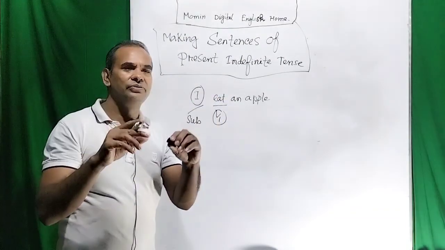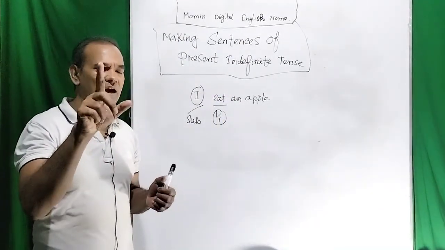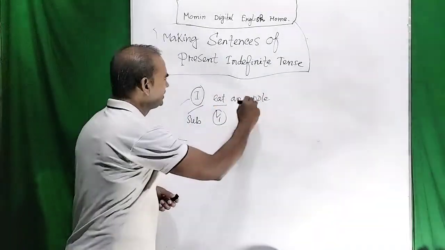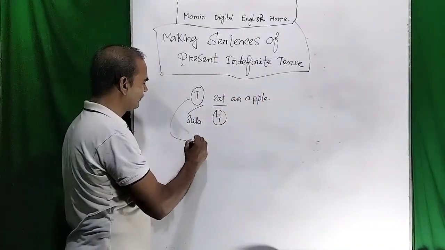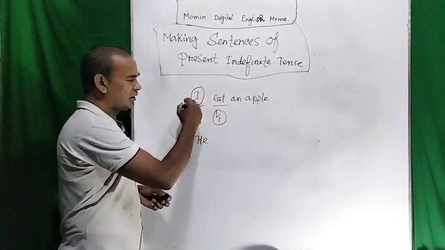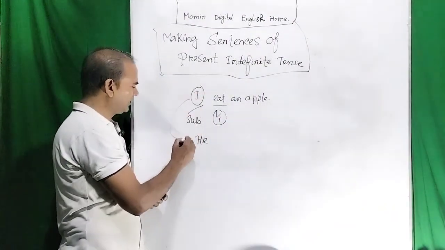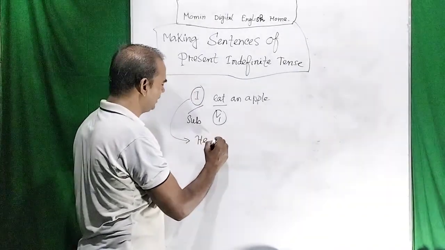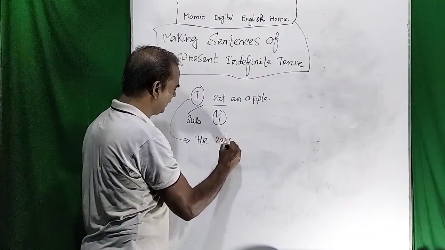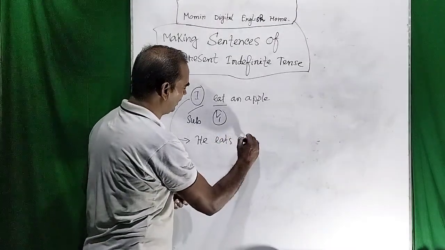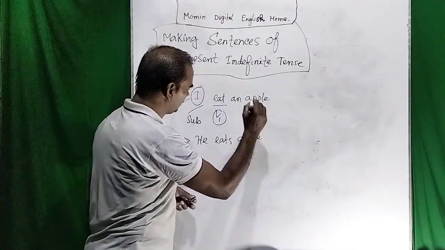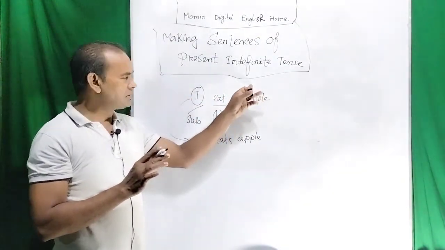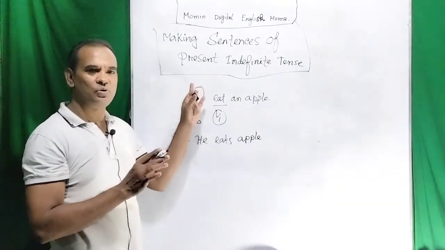in two ways. If the subject is third person singular number, then the sentence will be with he. Suppose instead of I you are using he. He eats an apple. That means when you say I eat an apple, this is possible because this is the subject, first person singular.